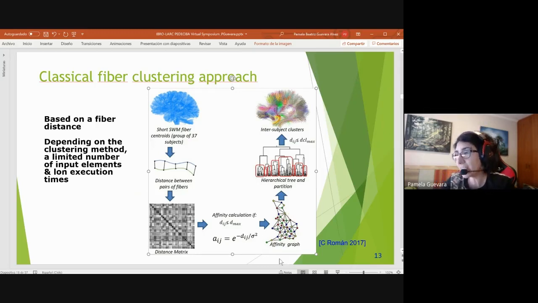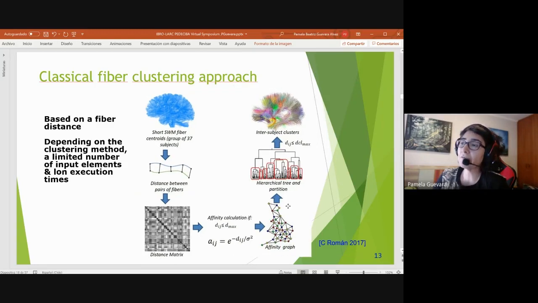There are several clustering methods and other graph methods that, based on the graph, can find, for example, the groups of similar fibers. So this example here is hierarchical clustering, which uses the graph to create a tree of similarity. The advantage of this kind of analysis is that you can cut the tree in different parts depending on what you want to do.